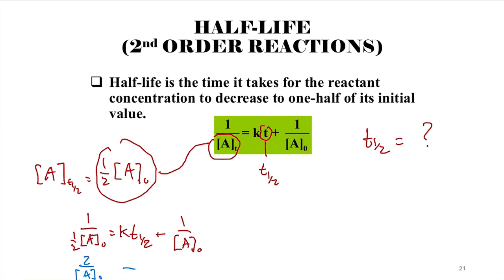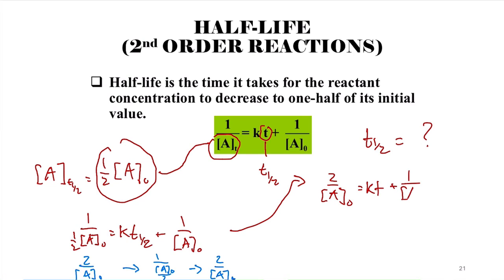Well, this is like 1 over the initial concentration over 2. 1 over a fraction is just the inverse of that fraction. So this goes to 2 over the initial concentration. So if that's 2 over the initial concentration, I'll move it here. We get 2 over the initial concentration is equal to KT plus 1 over the initial concentration.